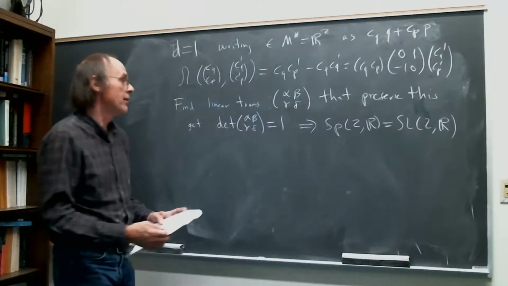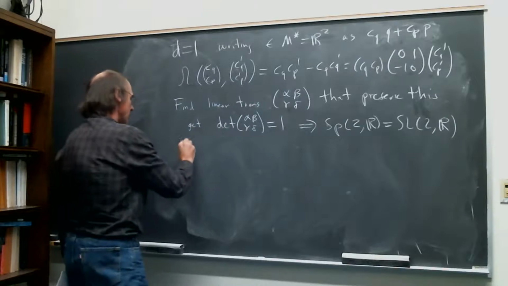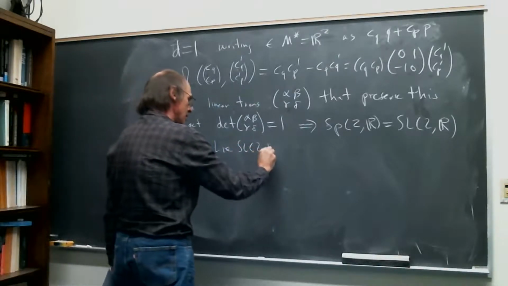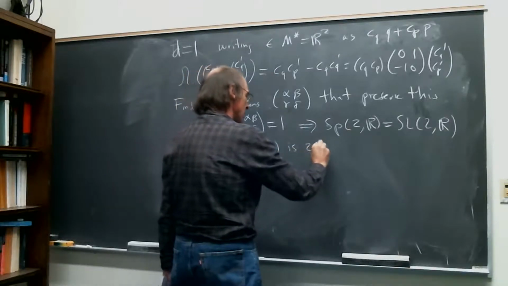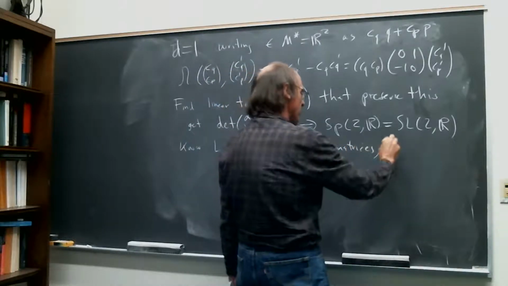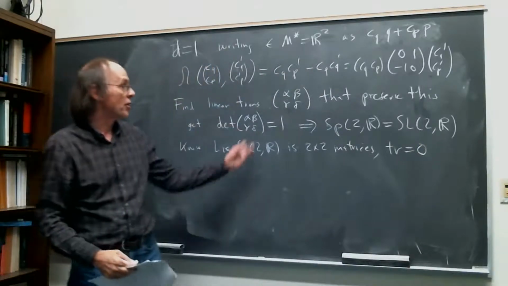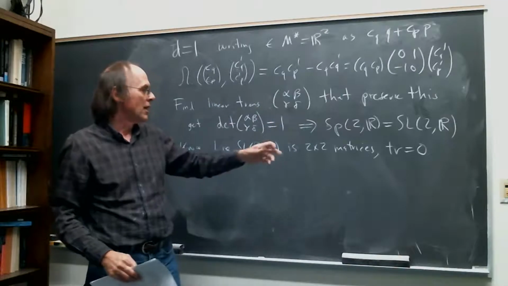And then you also know that the Lie algebra of SL2R is 2 by 2 matrices with trace 0.